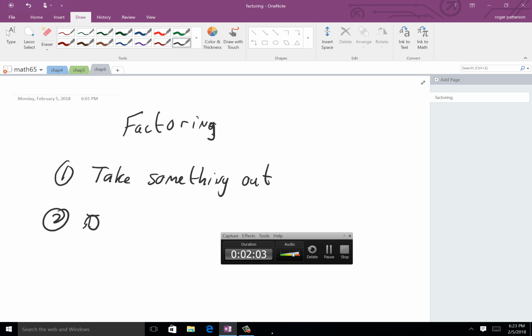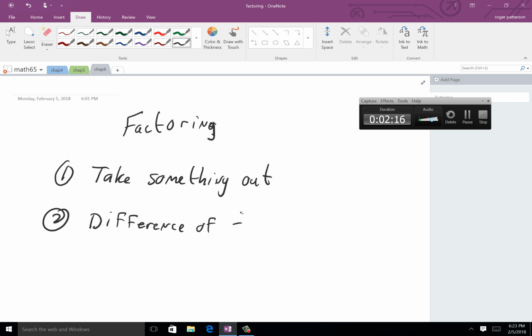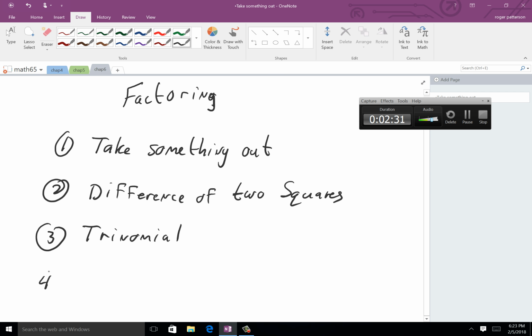And then this next one, I'm going to call a difference of two squares. And 3, I'm going to call a trinomial. And 4, we're going to call grouping.